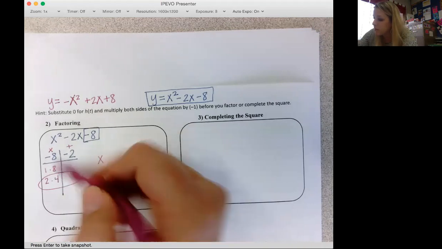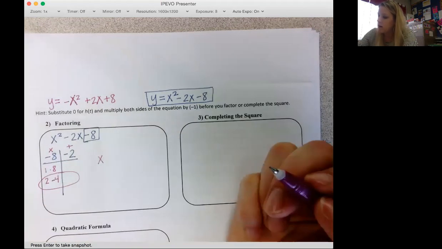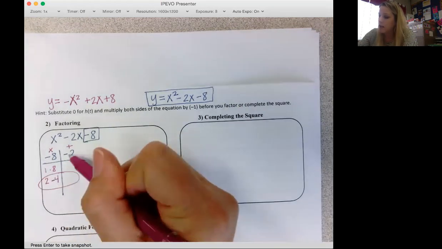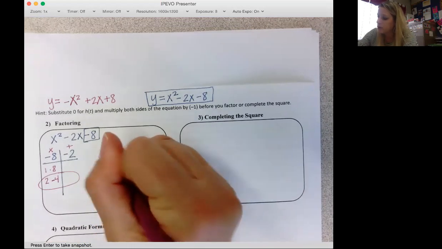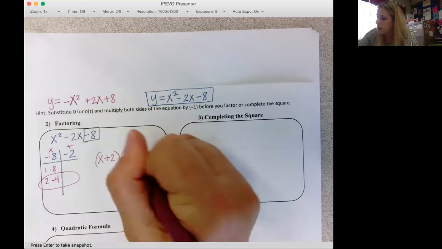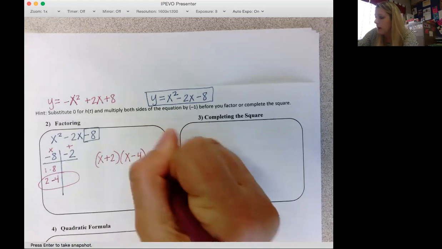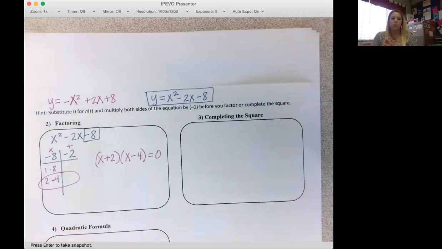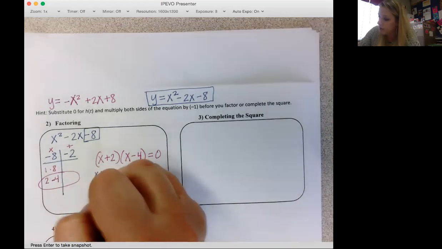So that means I'm going to have positive, let me think which one's negative. -4, because I need to add them together to get a -2. So +2 and -4. Now these are my factors, but remember that the whole point is to solve. So the last thing I'm going to do is set these two equal to 0.